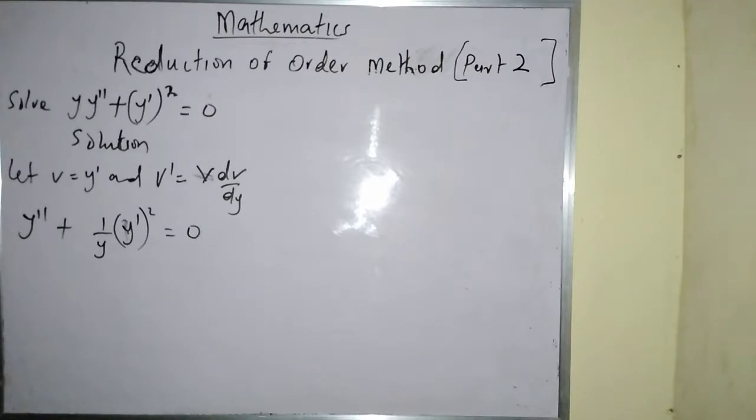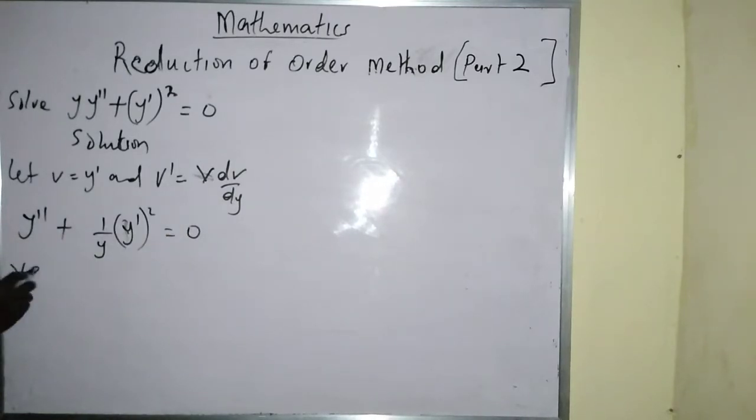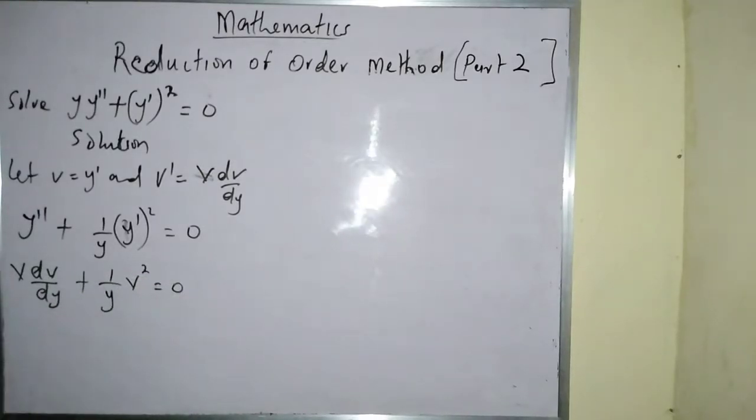Don't forget I've let this equal this, and this equal this. It means I'll be having dv over dy plus 1 over y v squared equals 0.